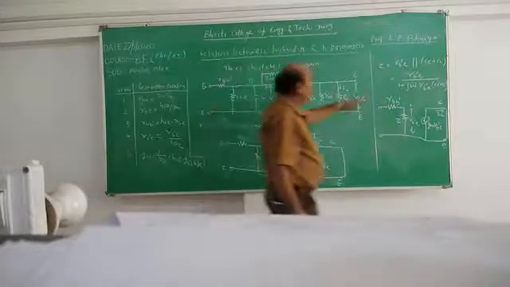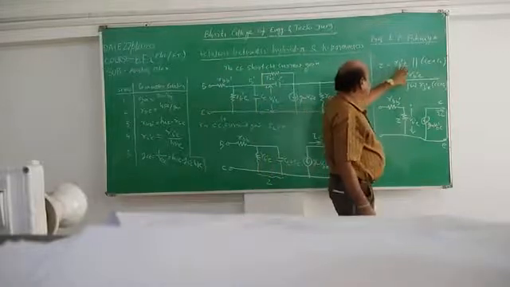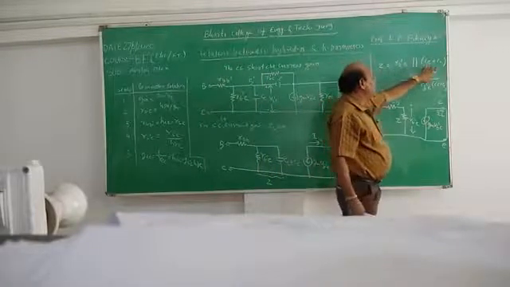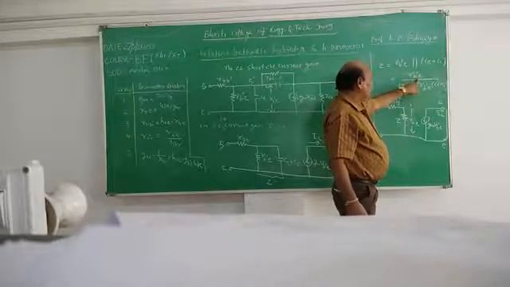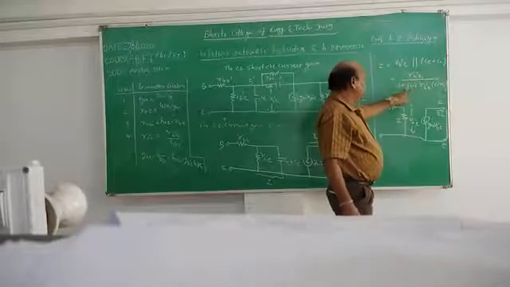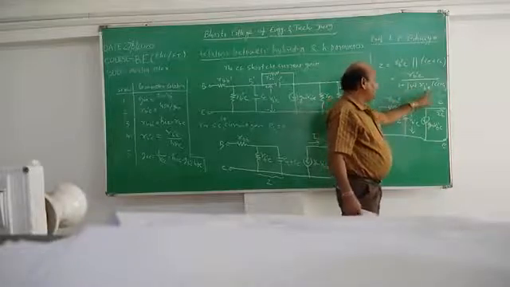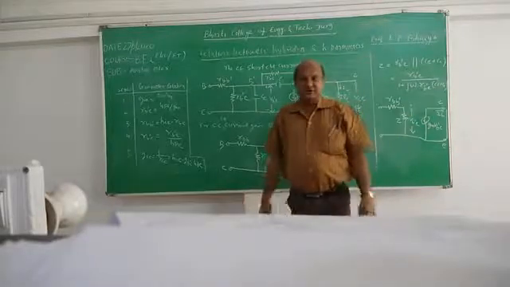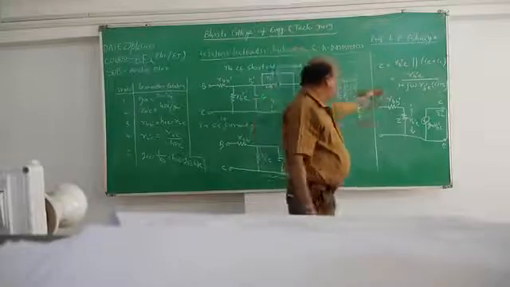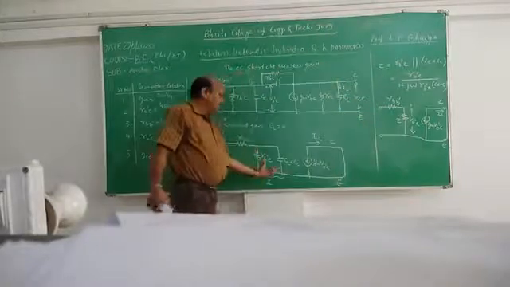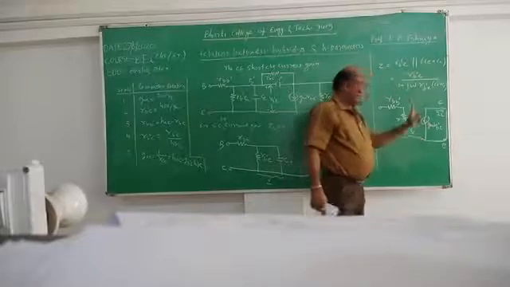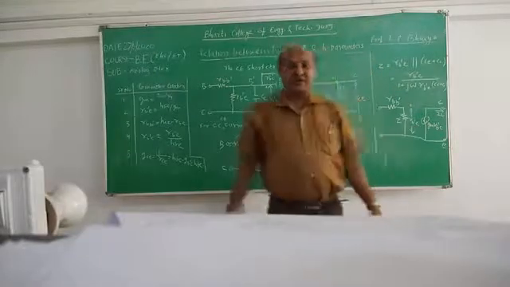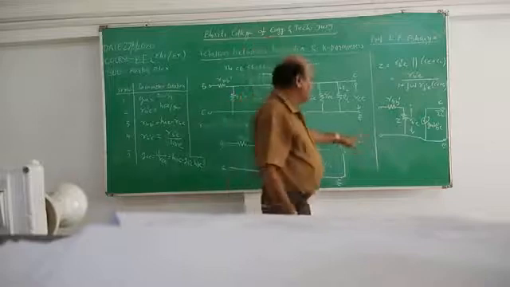Z is equal to RB'E parallel to CE plus CC, and this parallel combination comes to be RB'E upon 1 plus j omega RB'E into CE plus CC. After this parallel combination, I again draw the equivalent diagram, a very simplified one.